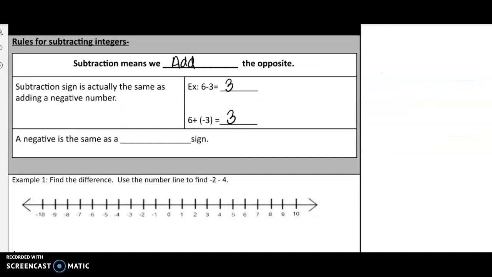So you've actually been doing this the whole time. Every time you've subtracted, you're actually just adding a negative number. And so a negative is the same as a subtraction sign. So you've been adding negative numbers since you learned how to do subtraction.